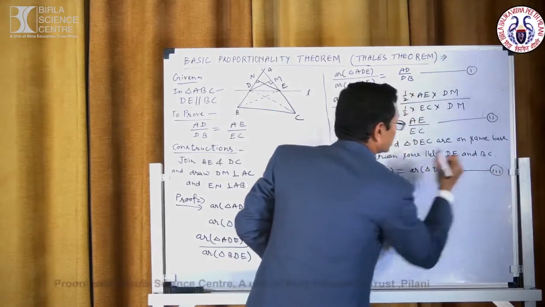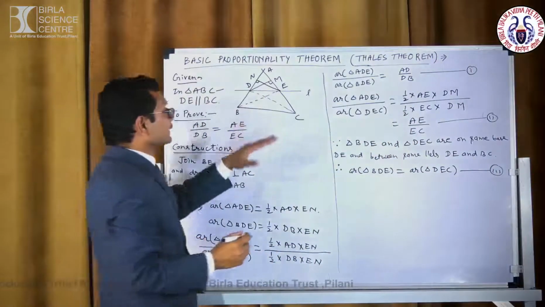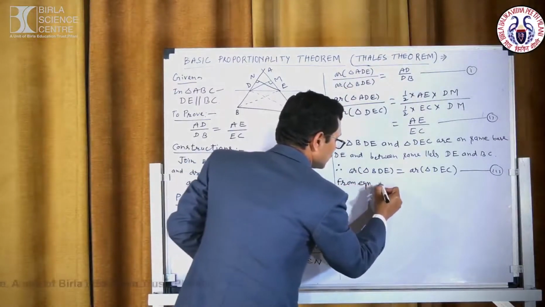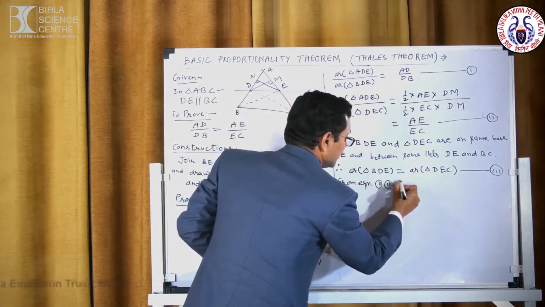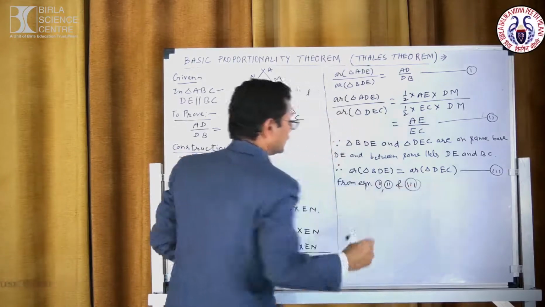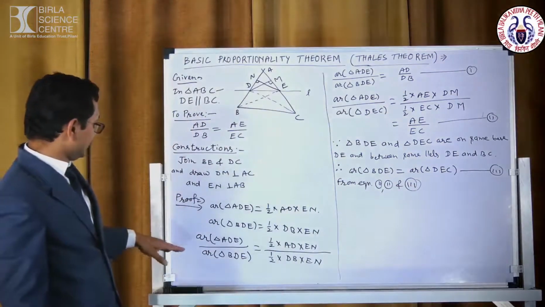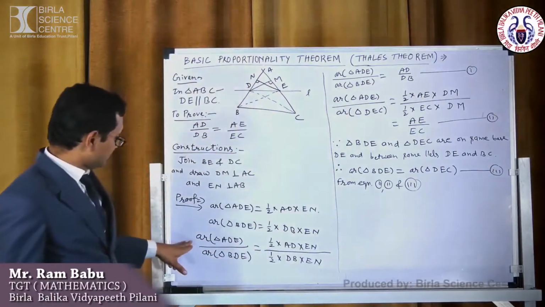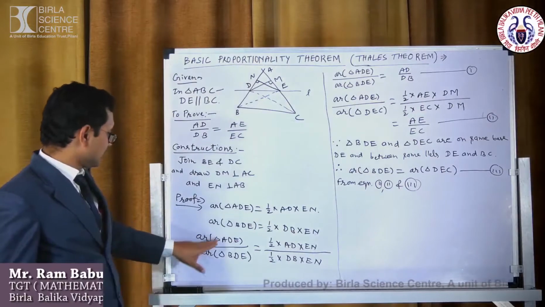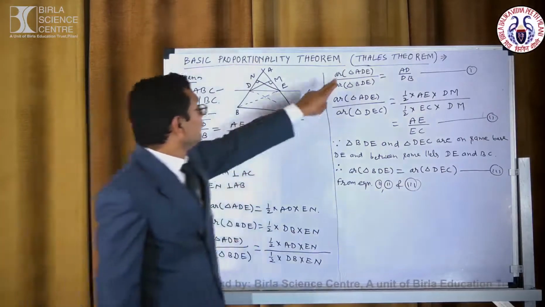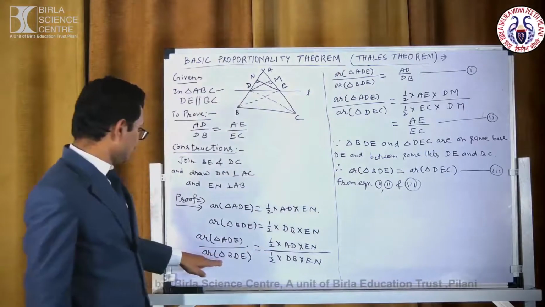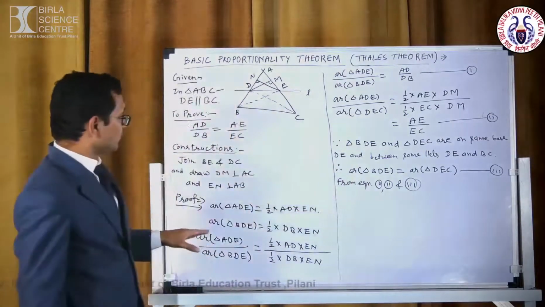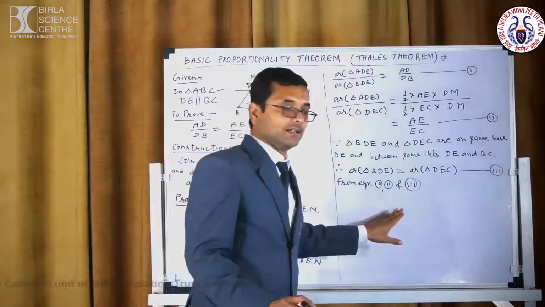This is your third result. From equations first, second and third, we can see that in equations first and second, the numerator of the left side is the same and the denominator of the left side is also the same.